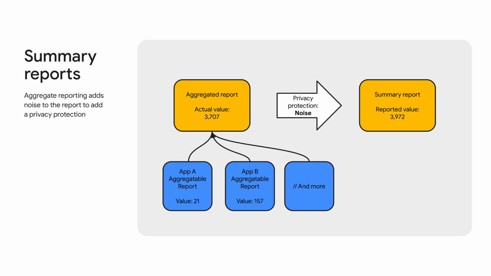Similar to how randomized response worked before, adding noise to this value masks each user's contribution to the total value. But the important difference here is that the noise is added to the total and not each individual conversion. This can allow for more accurate reporting while still providing similar privacy protections by taking advantage of both aggregation and noise addition.